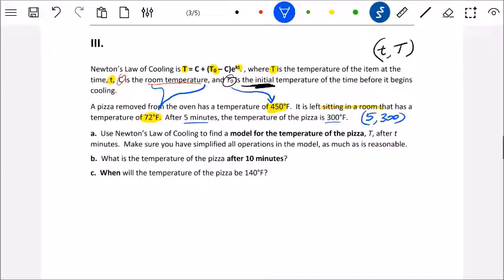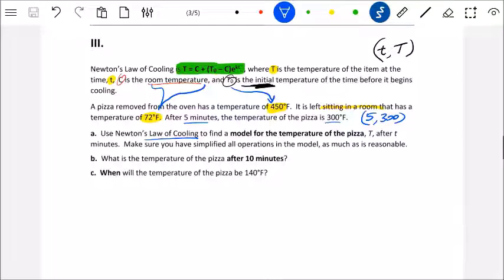So we can use Newton's law of cooling, which is this formula here, to find a model for the temperature of this pizza. And because of the room temperature, it has a certain exponential amount that it goes down. Okay, going lower instead of higher this time.